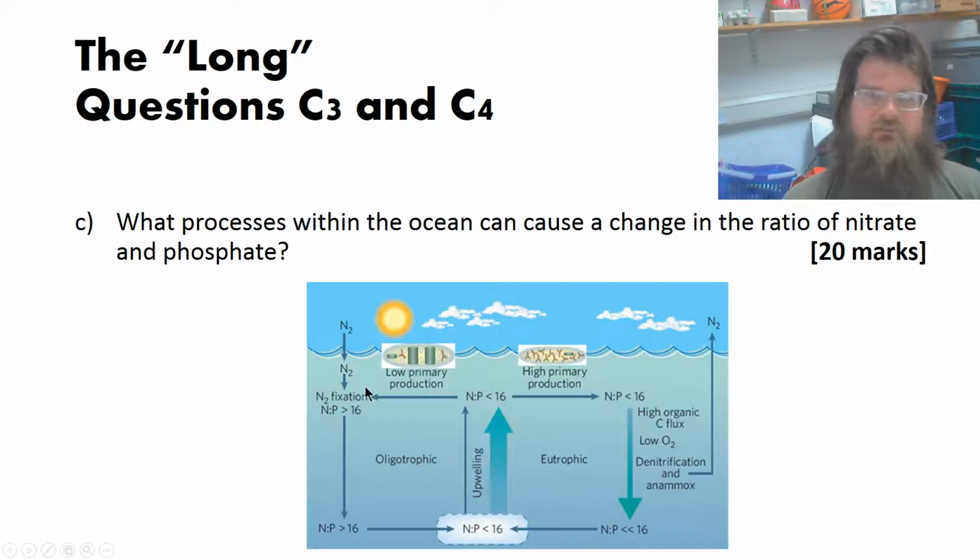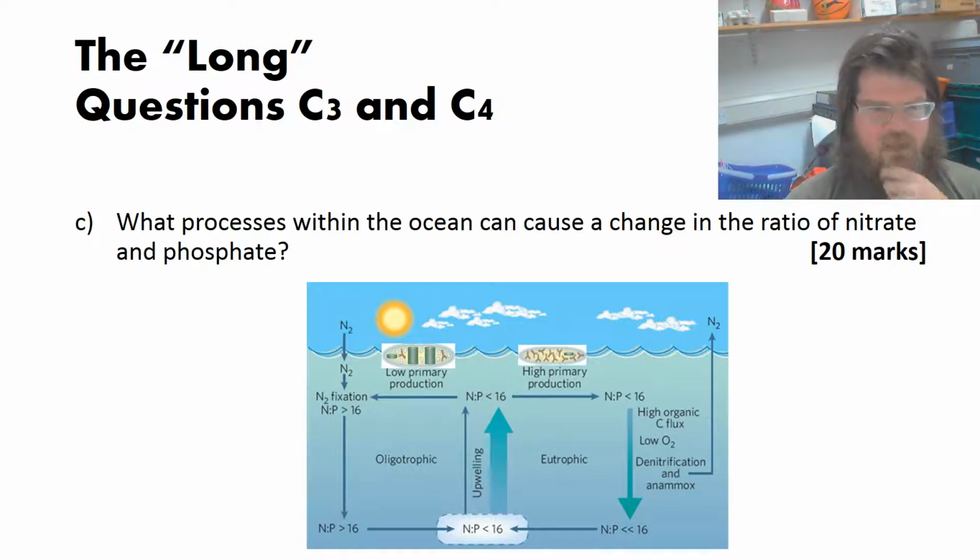Likewise, if you have low primary productivity, these oligotrophic nutrient-starved regions, then the plankton there will preferentially remove nitrate, leaving the remaining ocean more phosphorus rich. So the plankton community can have a role in changing the N-to-P ratio in the water.